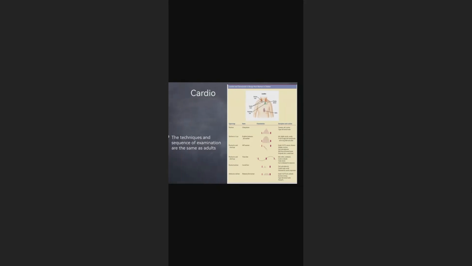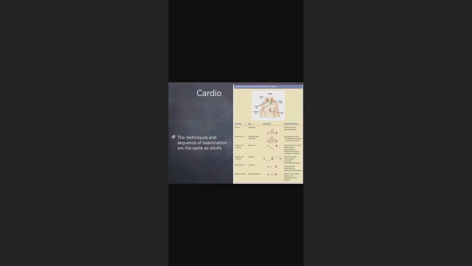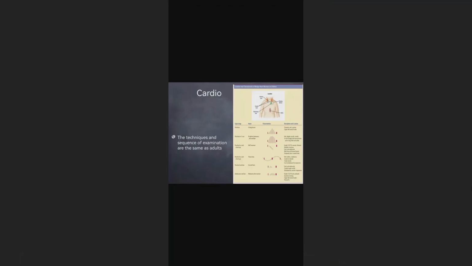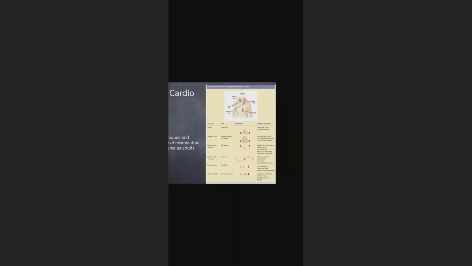You will appreciate it more when dealing with actual patients, where you can see how meticulous the cardiovascular examination is in pediatrics and in adults.